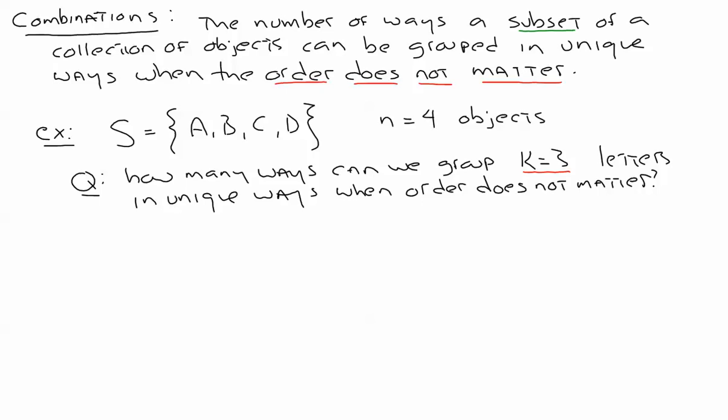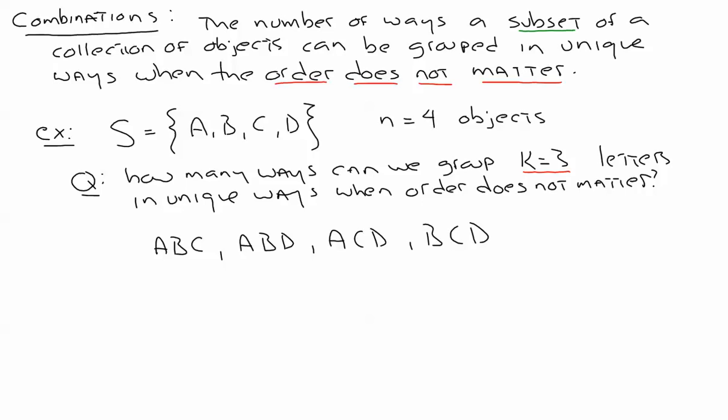And so, very clearly, the answer to this question, just by observation, is that we have 4 different unique groupings, and they are A, B, C, A, B, D, A, C, D, and B, C, D. We have 4 unique groupings when the order doesn't matter.